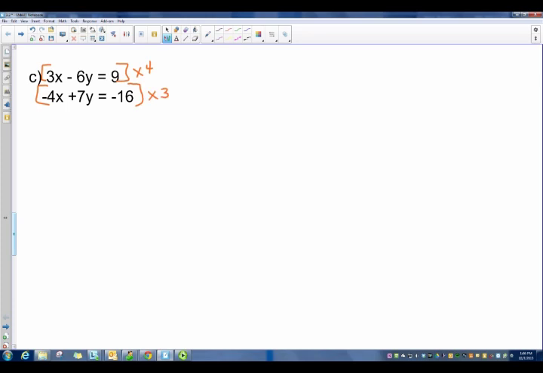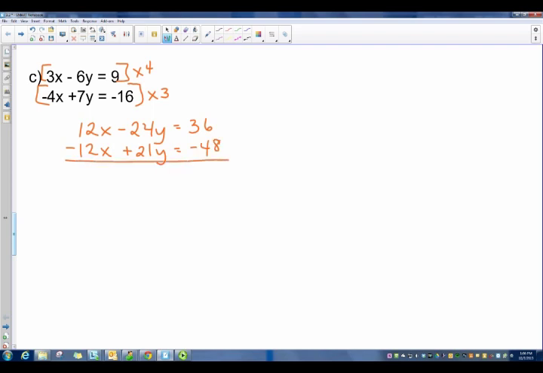So I take everything in my top equation and multiply by 4. So that gives me 12x minus 24y equals 36. My bottom equation, multiply that by 3, I get a negative 12x plus 21y. And 16 times 3 is 48. But remember to watch your signs, and you get a negative 48.